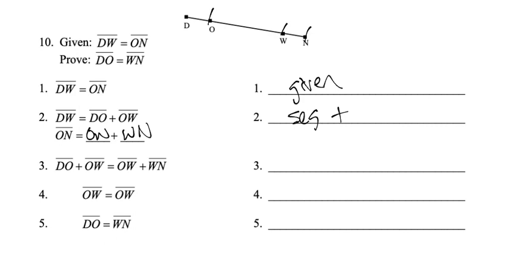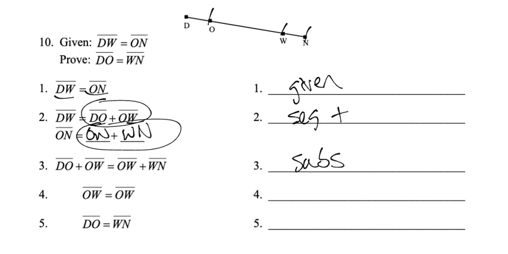So that's what should go on these lines. Again, I might put that segment mark over the top. Otherwise, next step looks like that last problem. I'm just substituting, right? I'm putting in the DO plus OW for DW up here, and then I'm putting in the OW plus WN in for ON, and I got a new equality. So this is just a substitution.